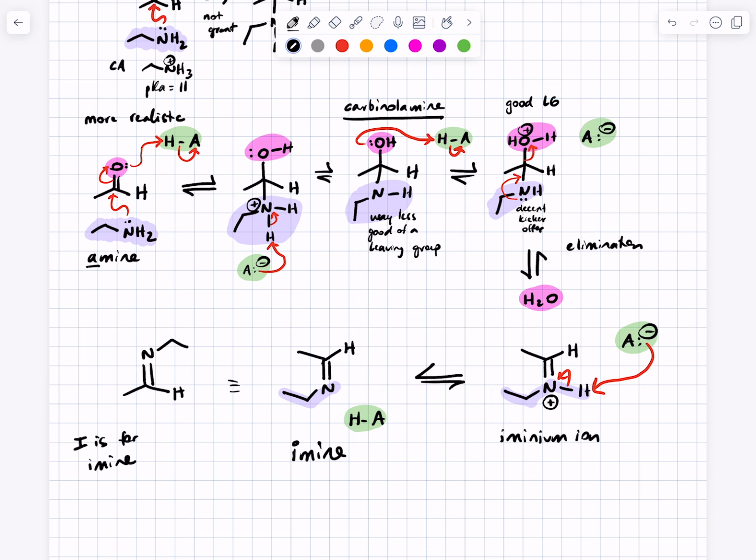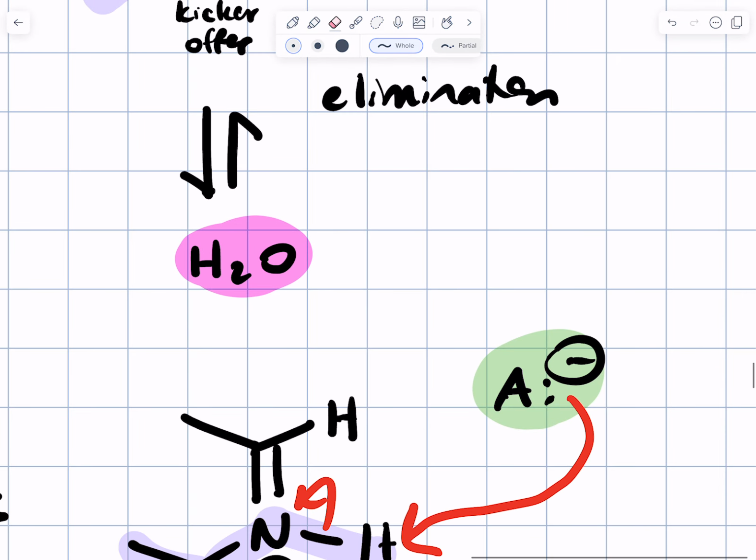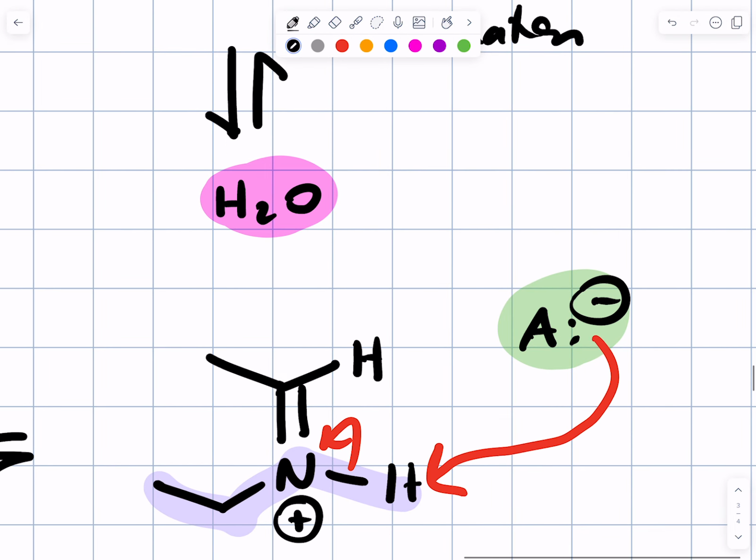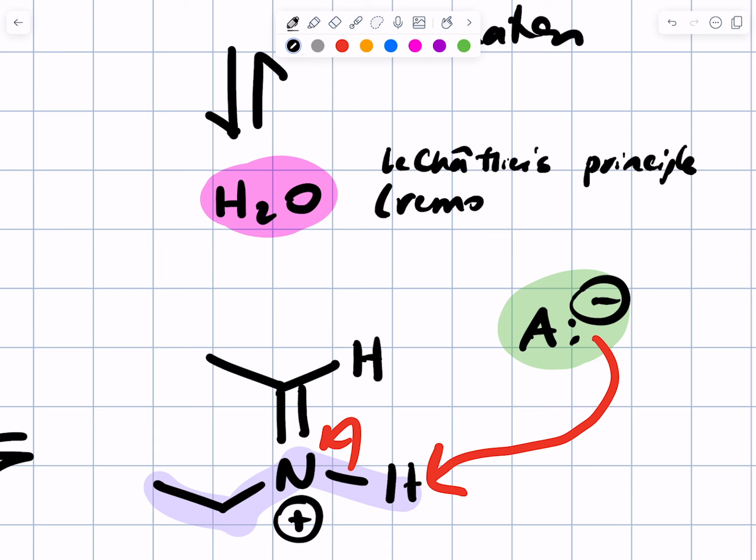Okay, questions about that? One thing to point out is that I said that all of the steps are reversible. One of the ways you can make the reaction go forward is to take advantage of Le Chatelier's principle with water, and you simply remove the water. And there's a lot of strategies for doing that in the lab.